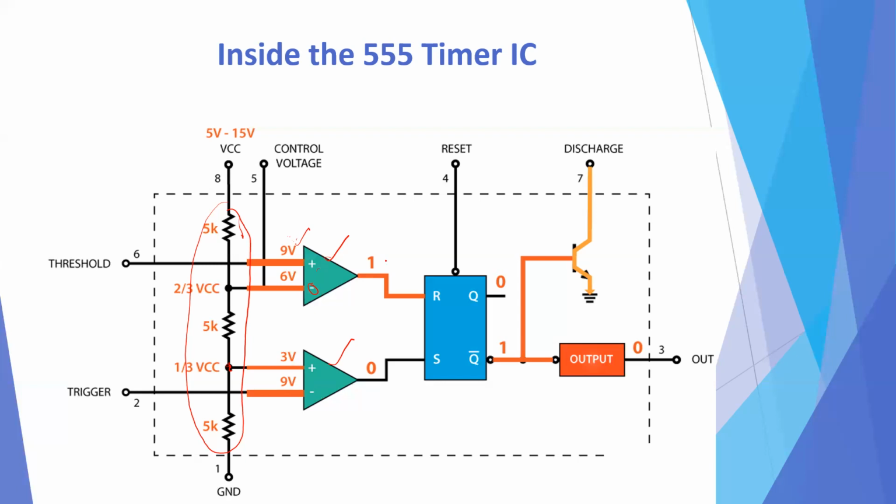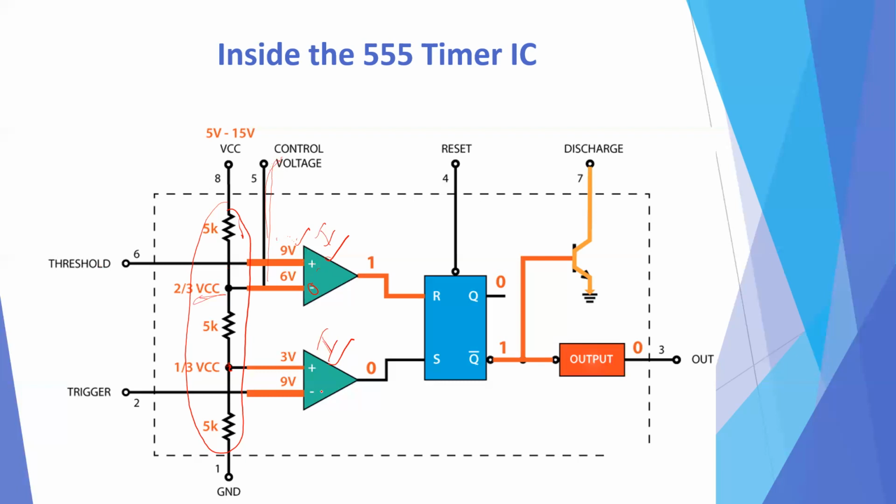Next, the first comparator. The first comparator's negative input is connected to the 2/3 reference VCC, and it is also connected with the control voltage, but the positive terminal is connected with the threshold pin.